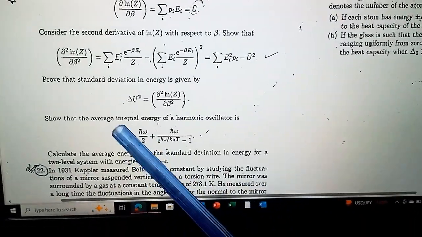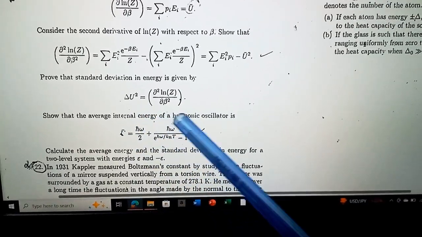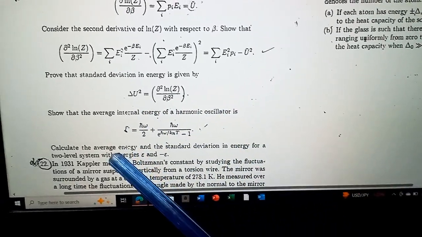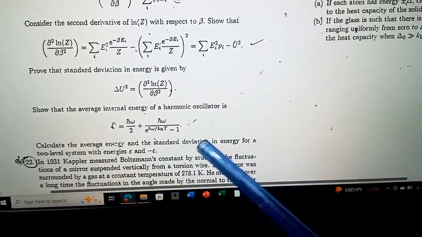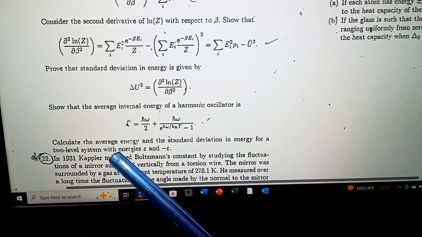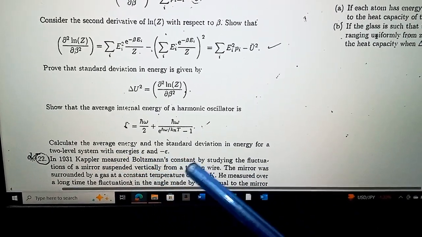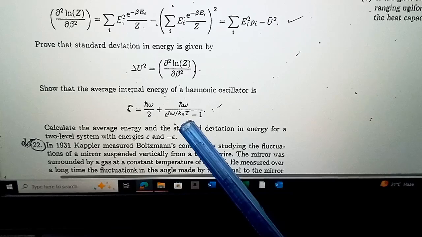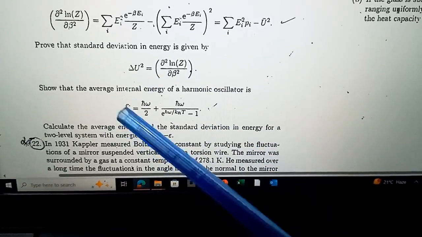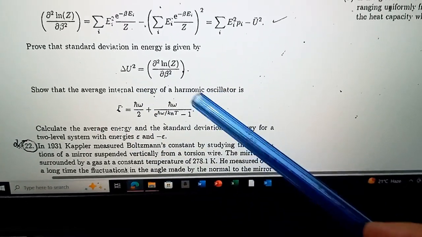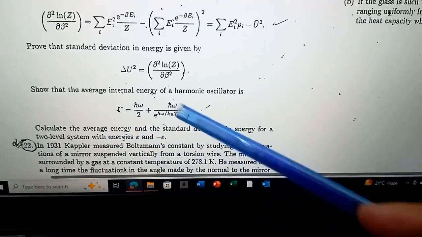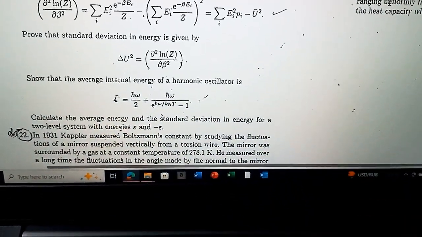Here we'll be calculating the average internal energy of a harmonic oscillator, and the average energy as well as the standard deviation in energy for a two-level system with energies E and negative E. They have shown us this formula, and we have to prove that the average internal energy of a harmonic oscillator equals this term. So let's quickly get started.